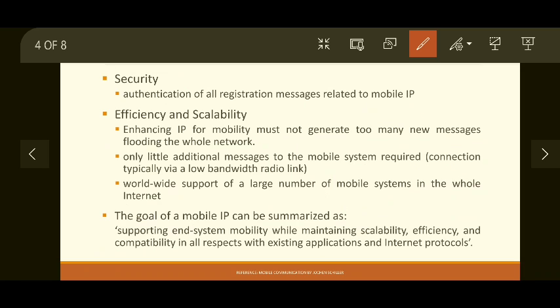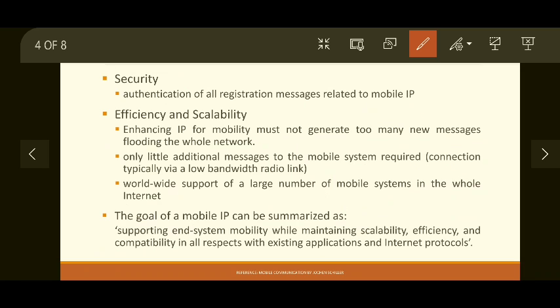So it impacts the efficiency of the network, because network efficiency is calculated based on how much actual user data is exchanged between the sender and receiver. So that's why too many new messages should not be flooding the network.